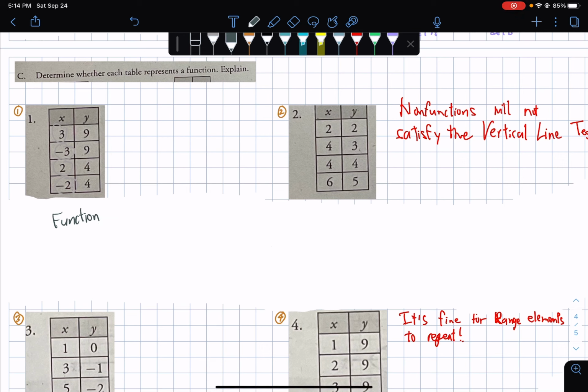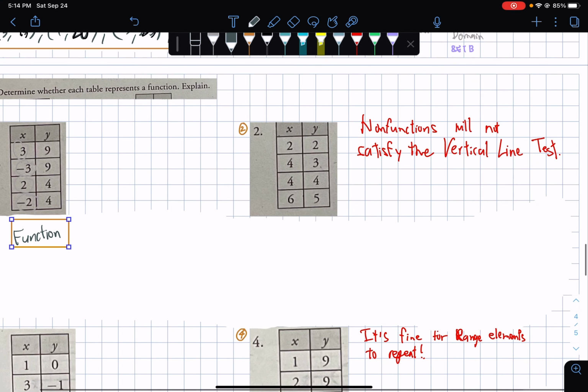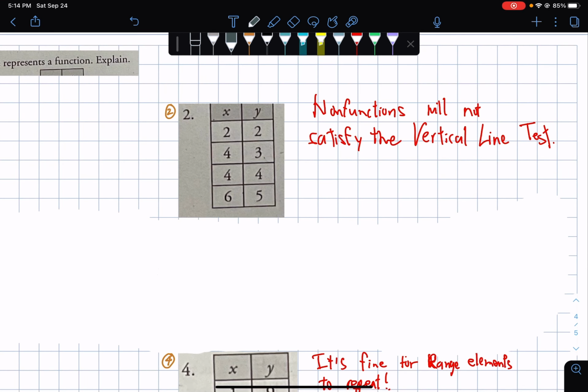That's the reason. I won't be writing the reason anymore to make this video a little shorter. For number 2, this is a non-function. Why? Two elements in the domain are the same. So yeah, non-function.